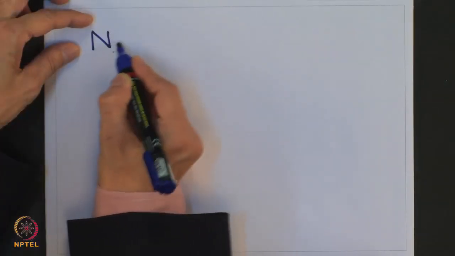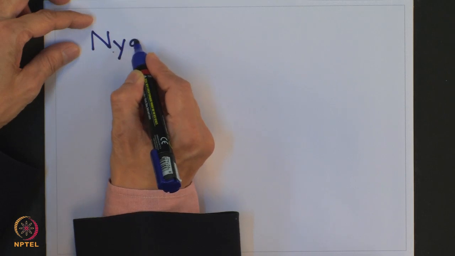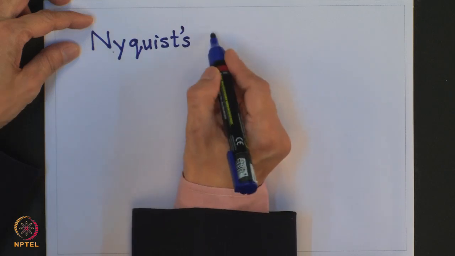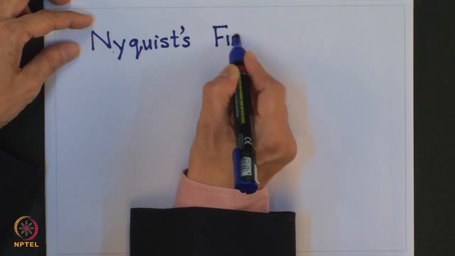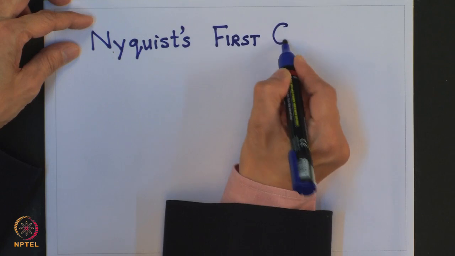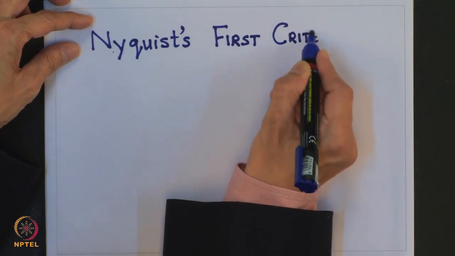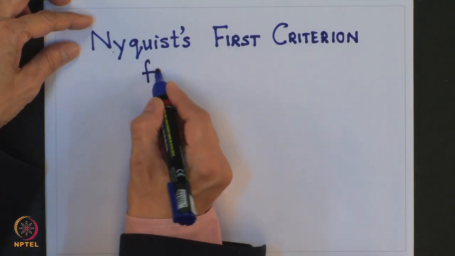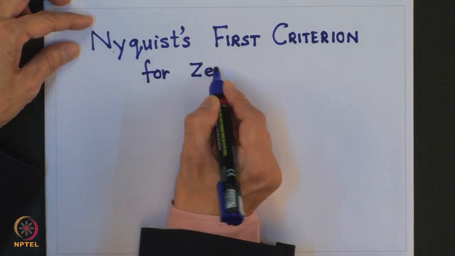So, this is the time domain condition for no ISI, and this is known as Nyquist's first criterion for 0 ISI.